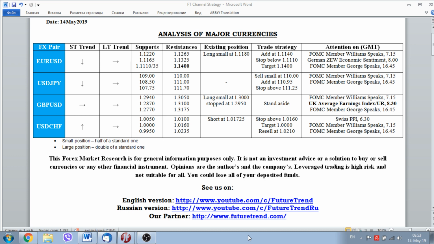As regarding today, the foreign exchange market and the behavior of market participants is under the control of the trade negotiation process between the United States and China.